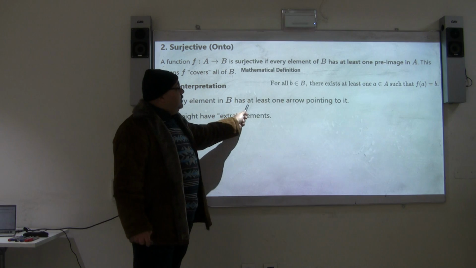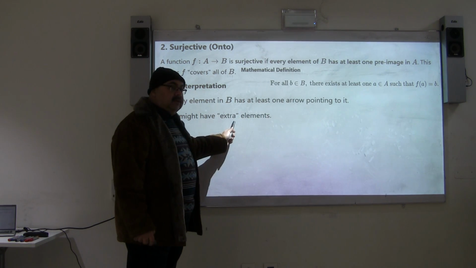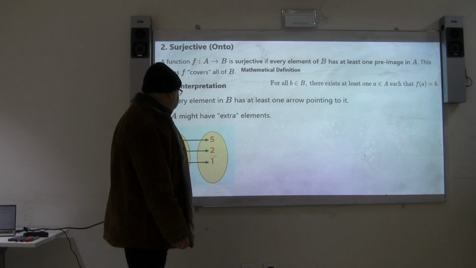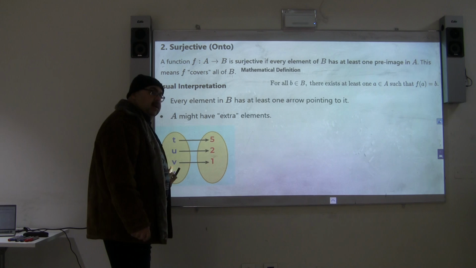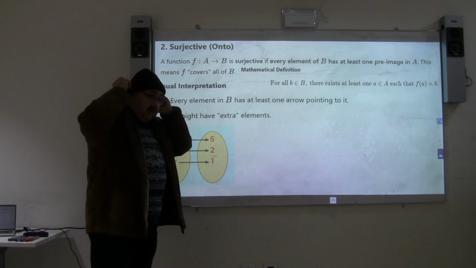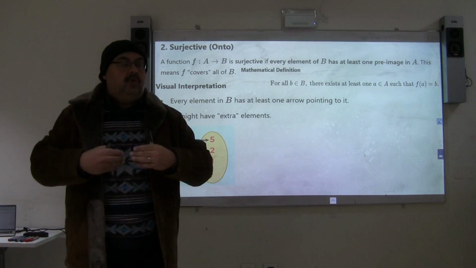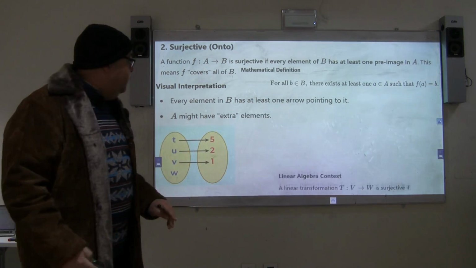Every element in B has at least one arrow pointing to it. I might have extra elements. Okay? So what does that mean? It means the codomain is completely covered by the domain. But you may have some elements in the input that don't have images in the codomain.